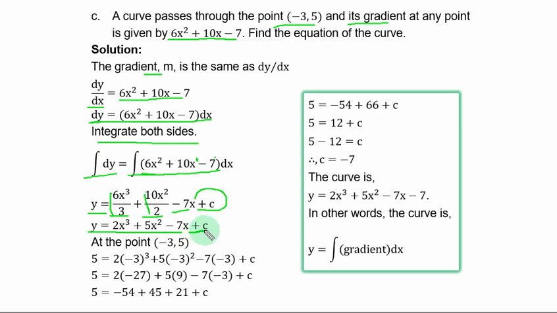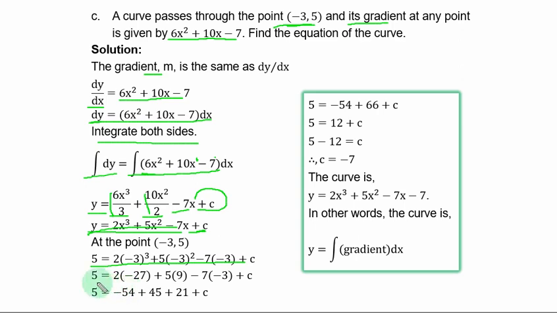You need to get c, so you use the point that the curve passes through. At that point, s is minus 3 and y is 5. You replace them in this result and you have this.